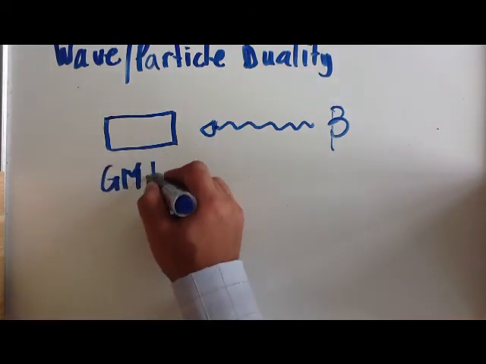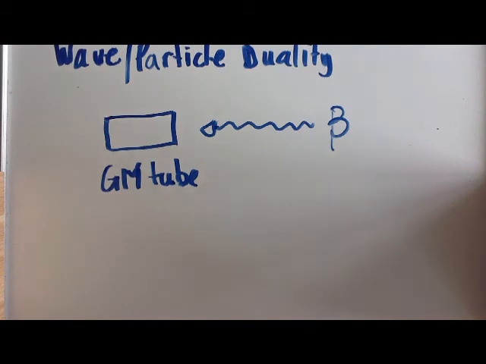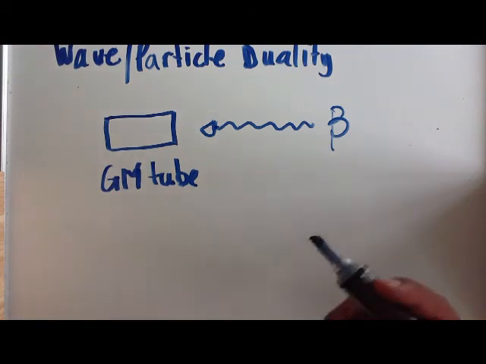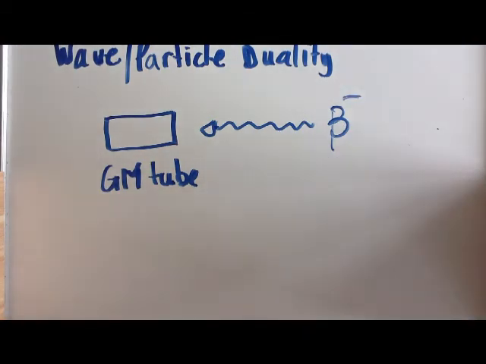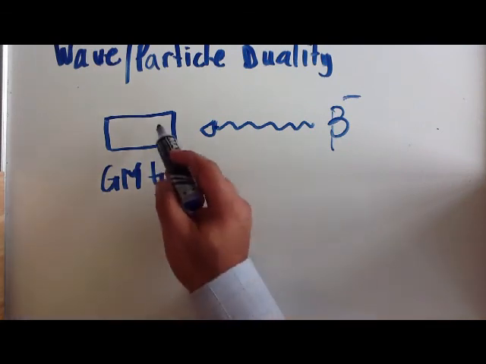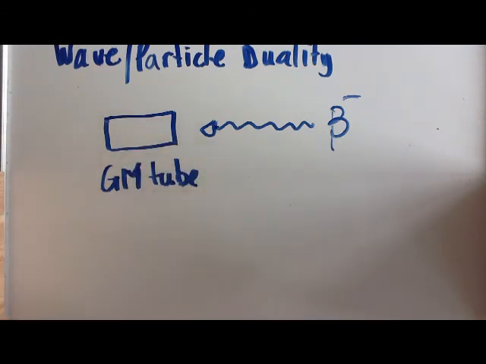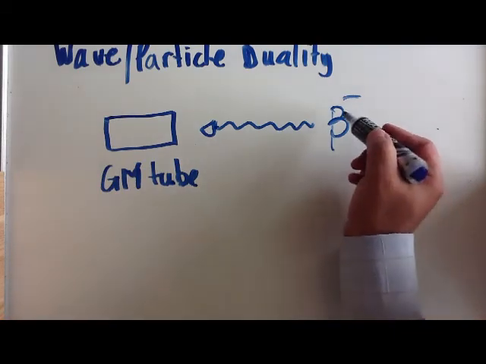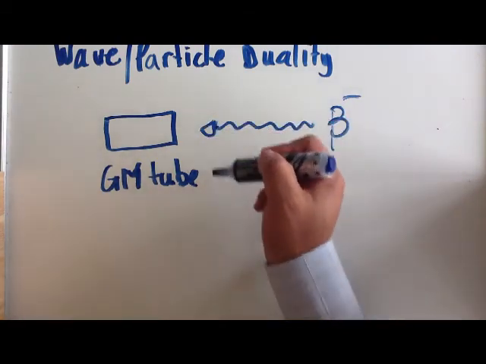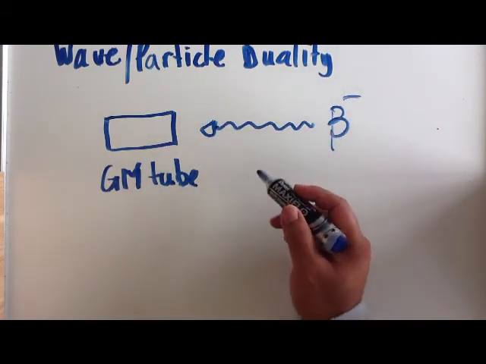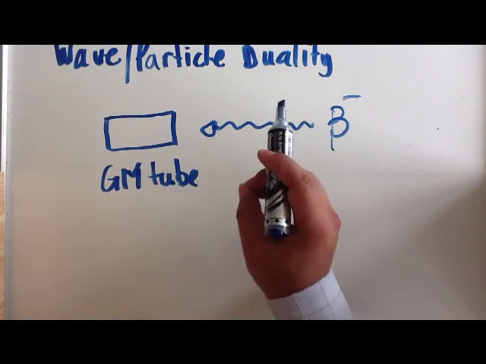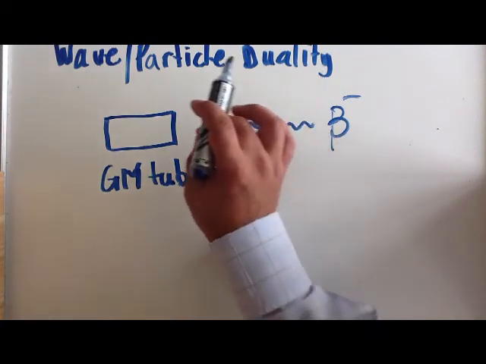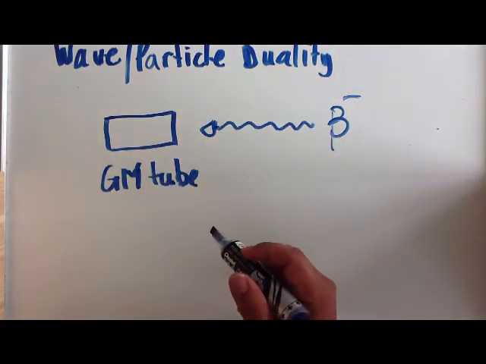When you're doing radioactivity experiments, for example, the beta particles there are electrons, and the GM tube will detect this beta radiation, and you will see that random clicks are recorded, and that indicates the arrival of individual beta particles, in other words, electrons. And so that shows that electrons have a particle nature because they arrive as individual particles.